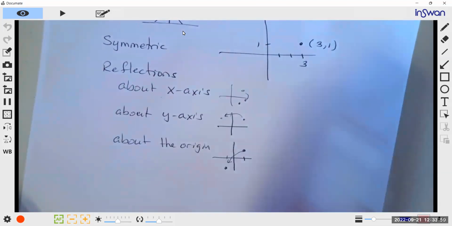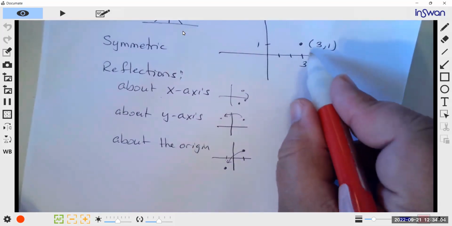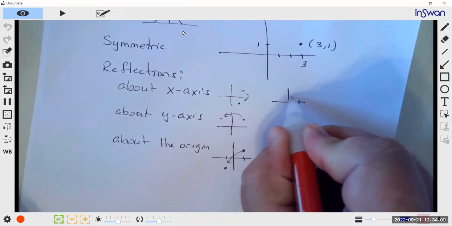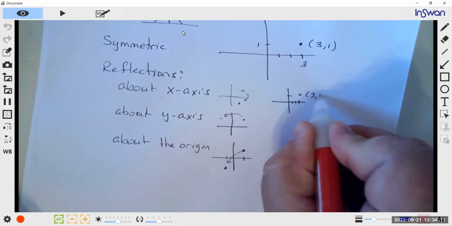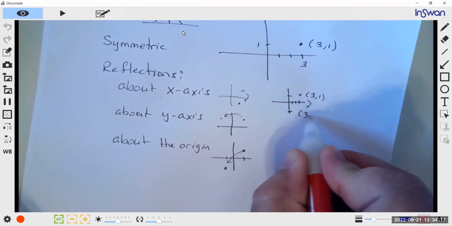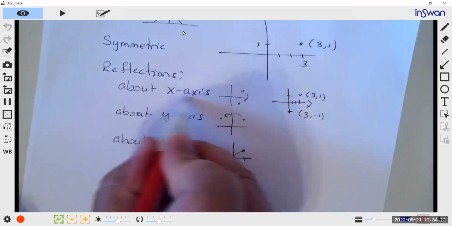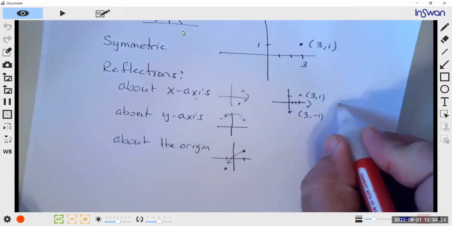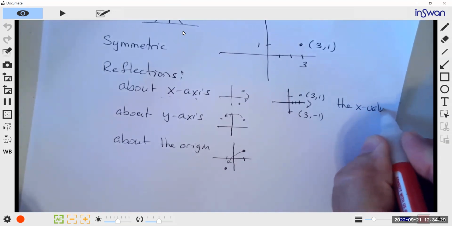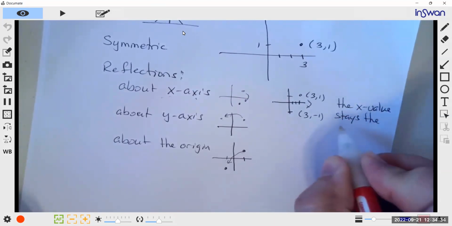If something has a reflection about the x-axis, we'll look at this point here. If it's at 3, 1, about the x-axis, we'll put it at 3, -1. So if something's reflected about the x-axis, the x value stays the same.